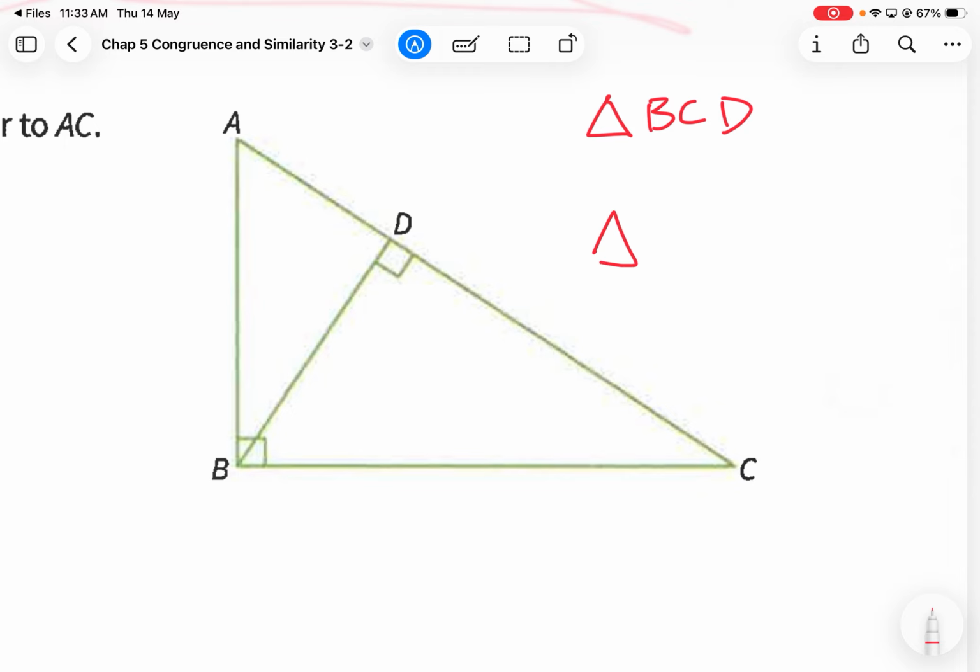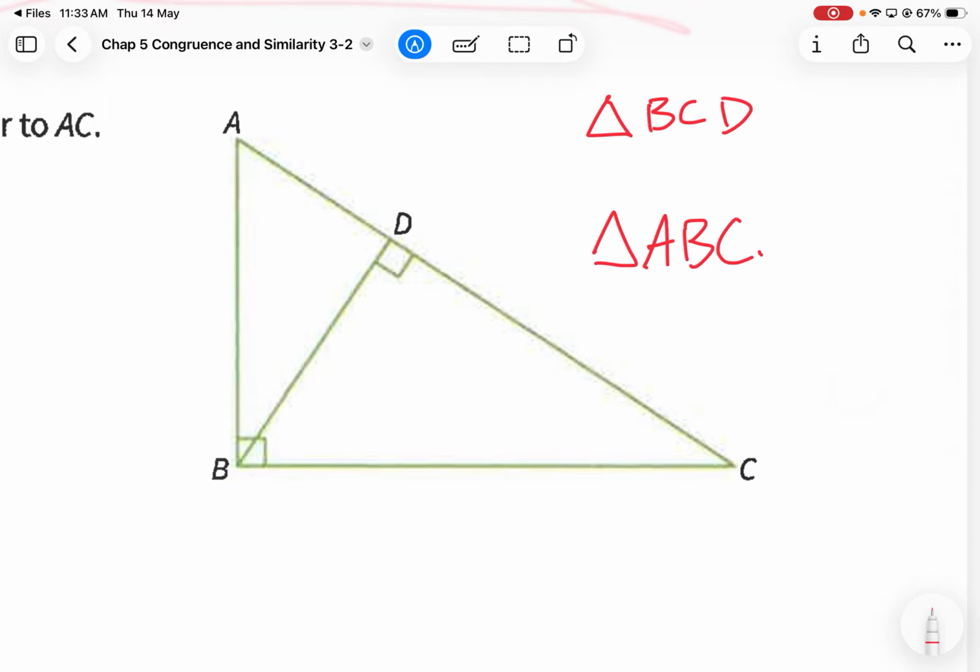Then I compare it to the right angle triangle ABC. There are now two right angle triangles. Can you see that this 90 degrees is at D?